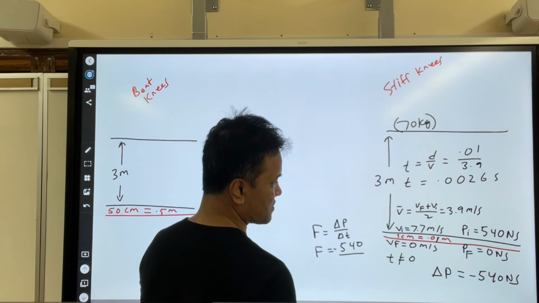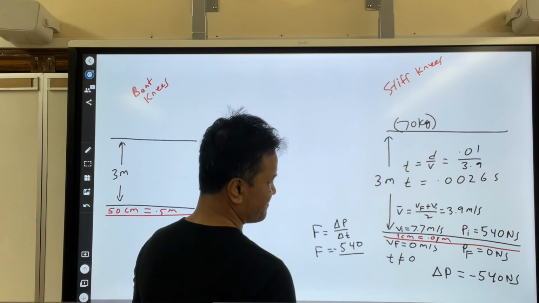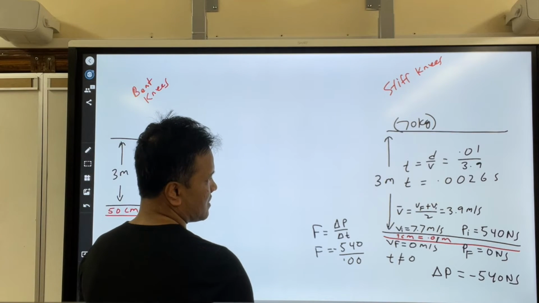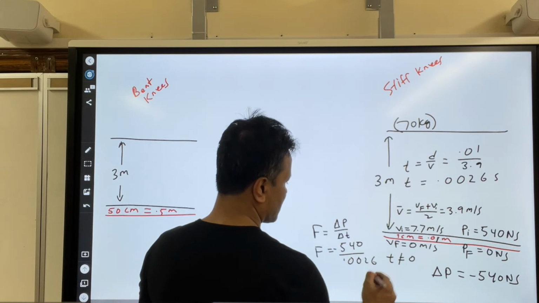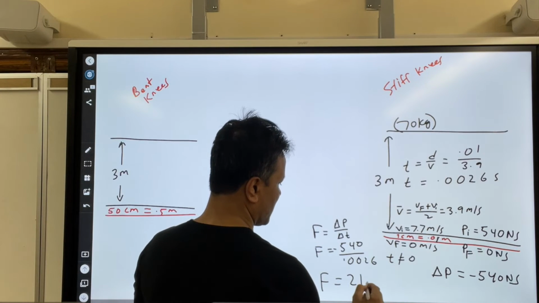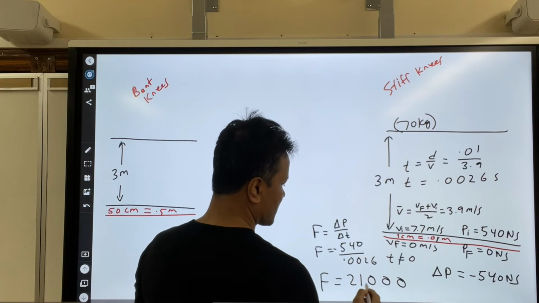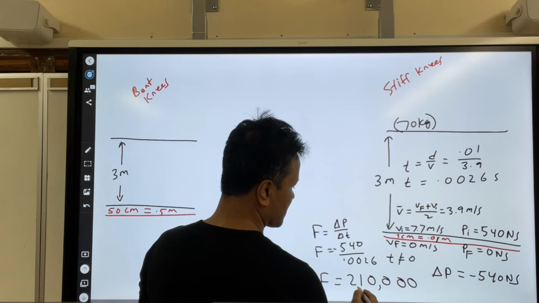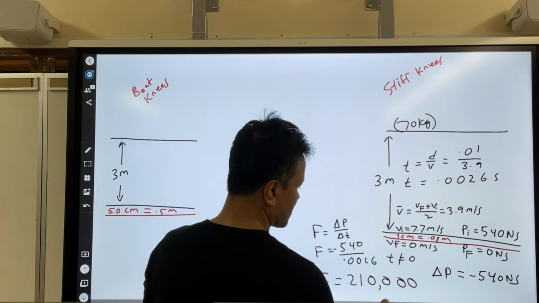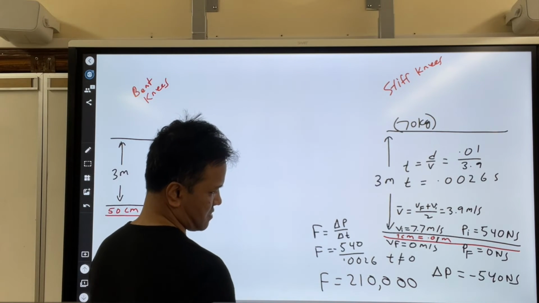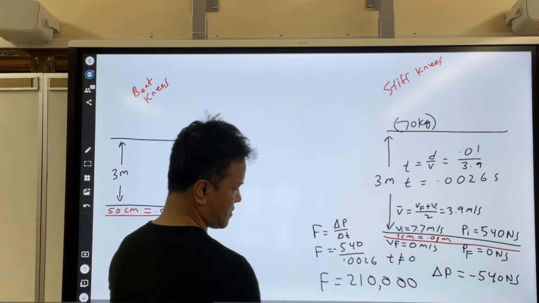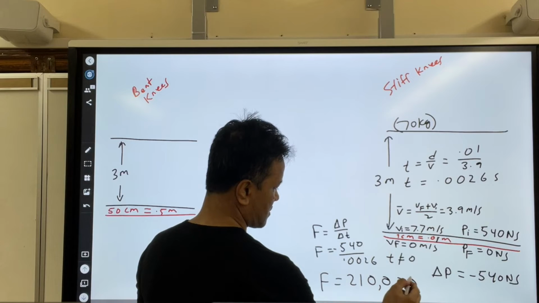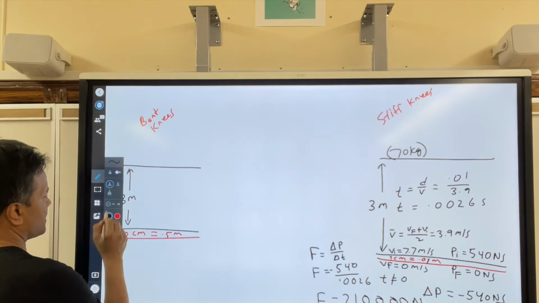Delta T is how much? 0.0026. So the force is 21000 Newton.